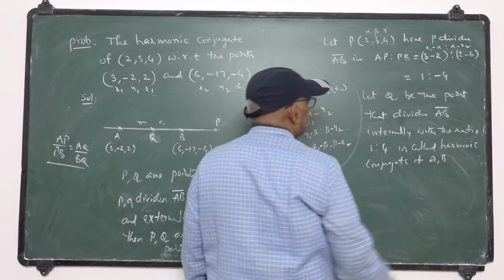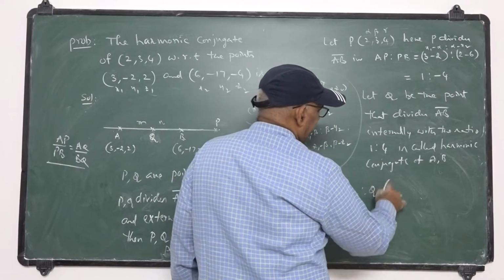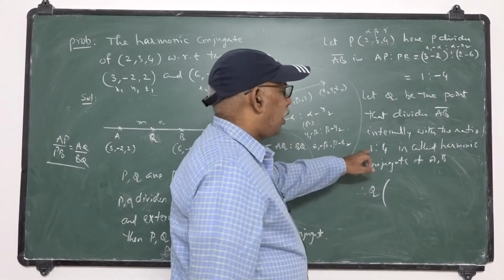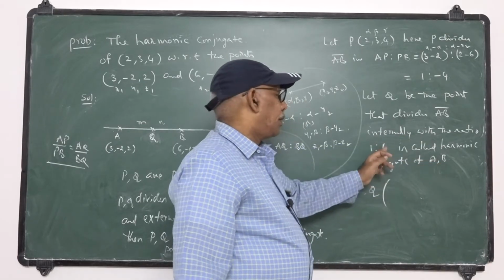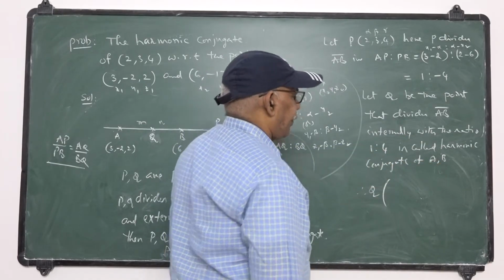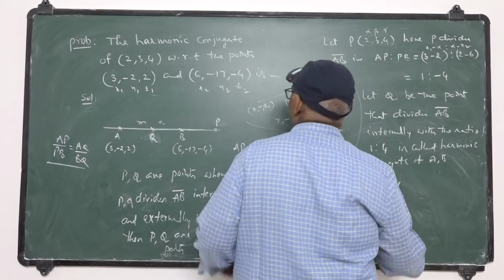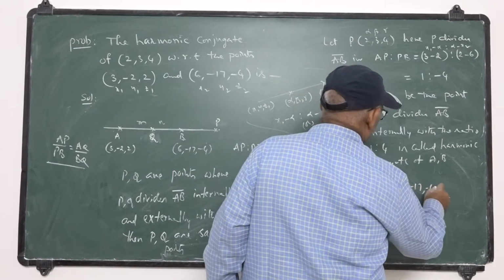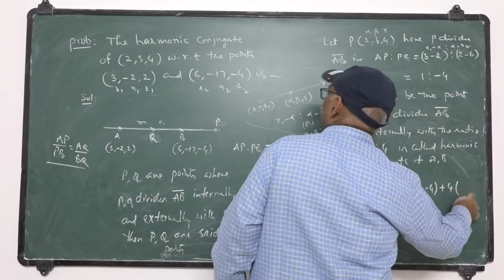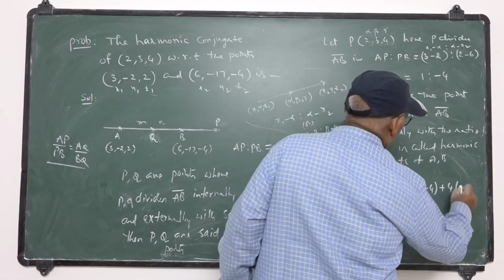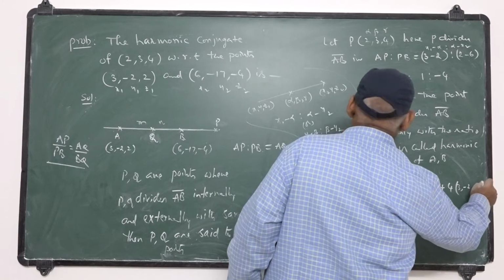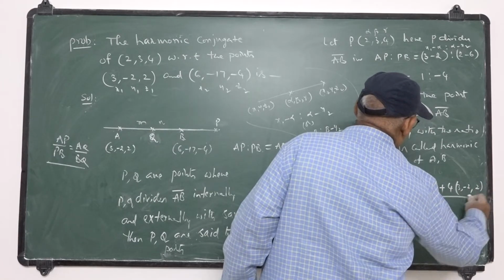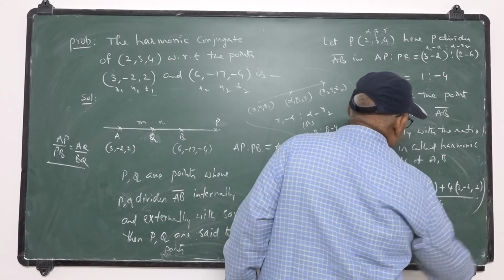So that point Q is given by 1 into B plus 4 into A: 1 into coordinates of B, which is 6, minus 17, minus 4, plus 4 into coordinates of A, which is 3, minus 2, and 2, divided by 1 plus 4.